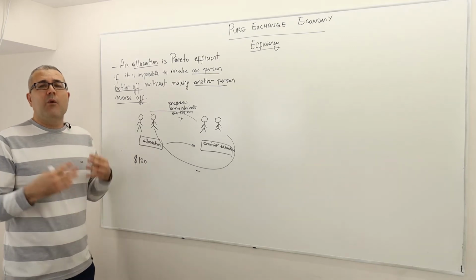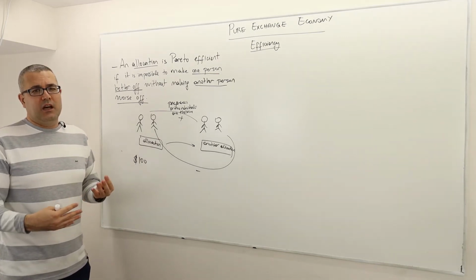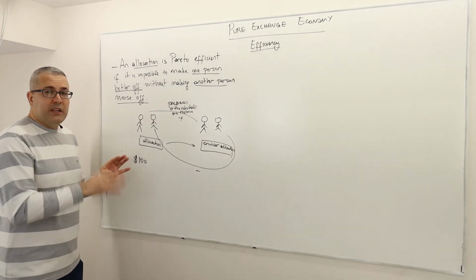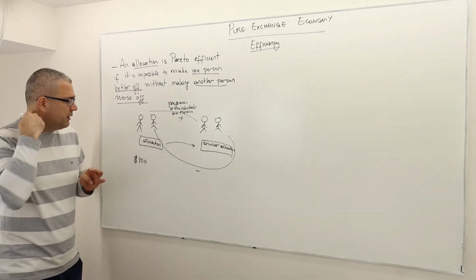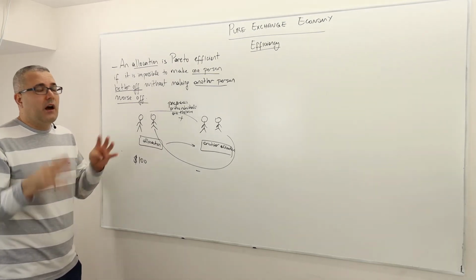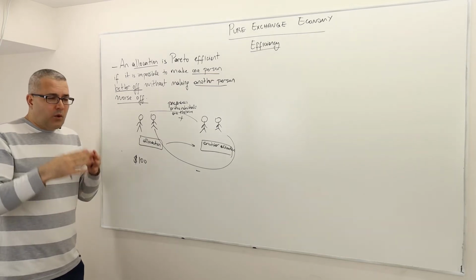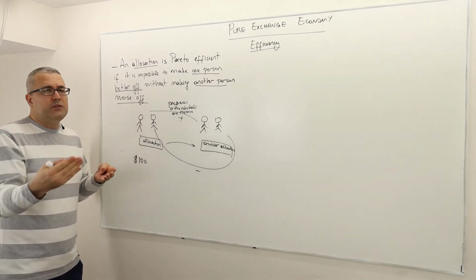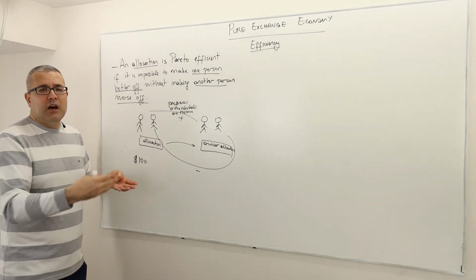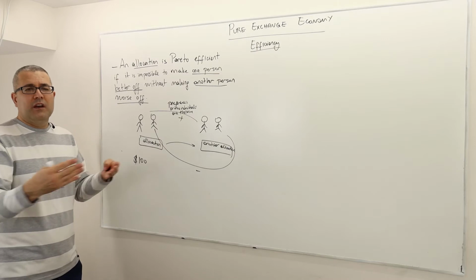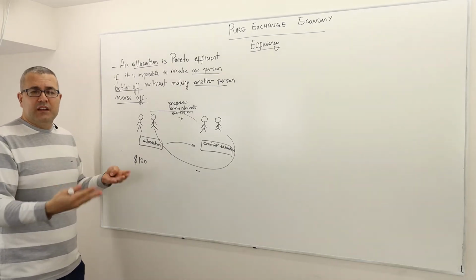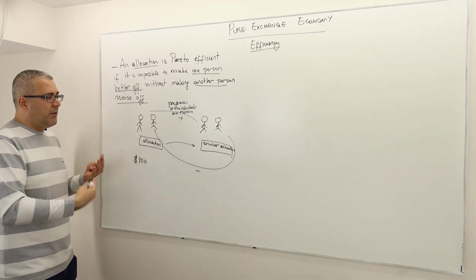The question is, how are they going to split the $100? Let's suppose any division is possible, meaning they can divide it 50-50, or 80-20. All they have to do is go to a grocery store and ask the cashier for $10 bills or $5 bills, some change, so that we can easily divide this $100 among us.